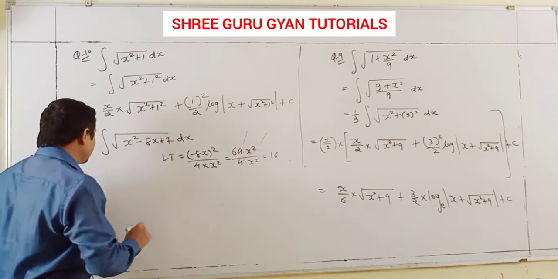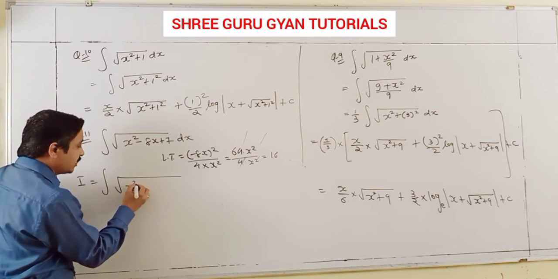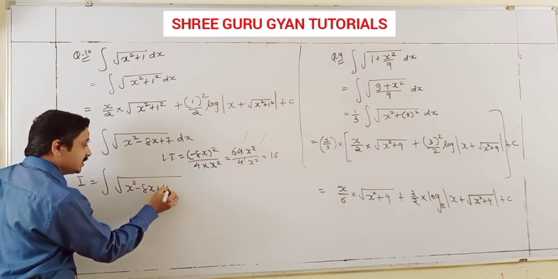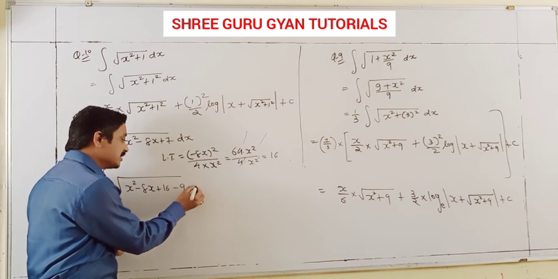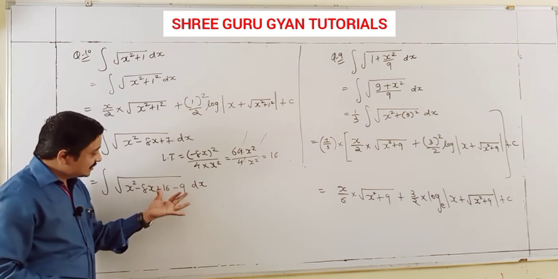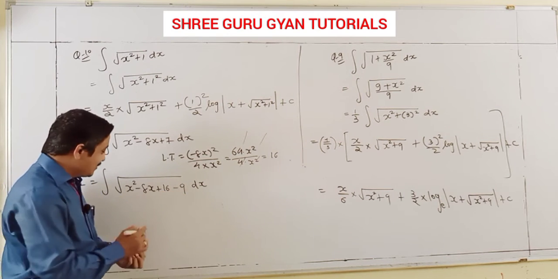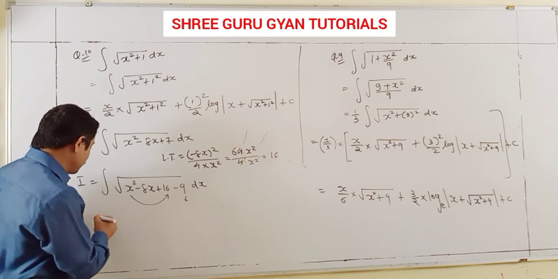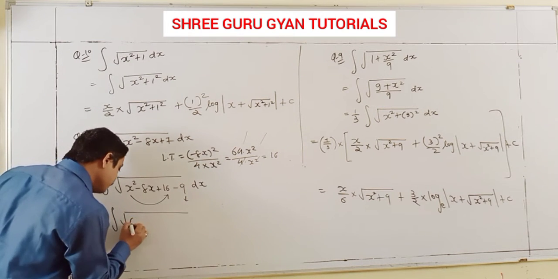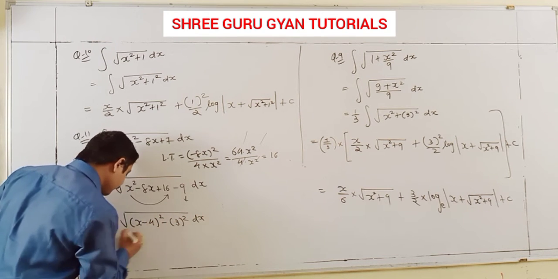So my integration is done very easily: x square minus 8x plus 16, but I want plus 7 minus 9. Check, 16 minus 9, how much? 7. This is a perfect square, and that also a perfect square. So my data is ready: x minus 4 whole square, 3 square.